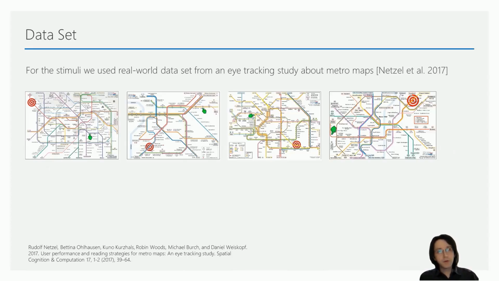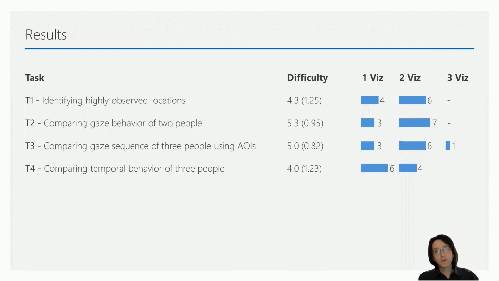For the tasks, we used an existing dataset from an eye tracking study on metro maps, of which you can see several different maps here. Using some of these, we asked participants to solve 4 tasks, as summarized on this slide. One task focused on identifying highly observed locations, 2 focused on comparisons, and 1 specifically asked about the temporal aspect.